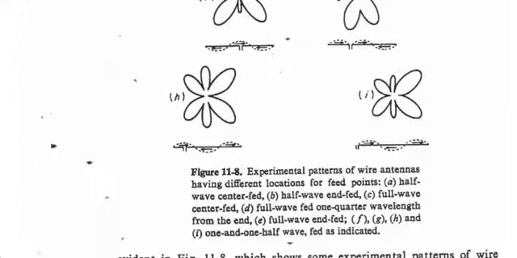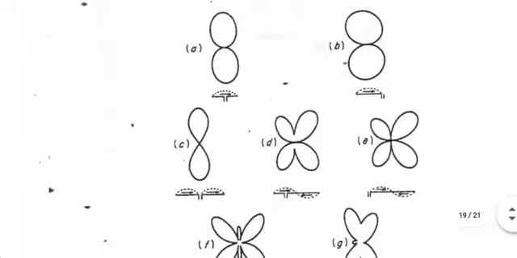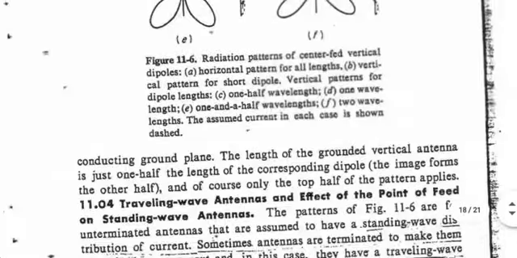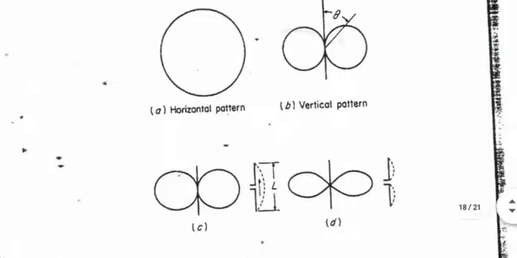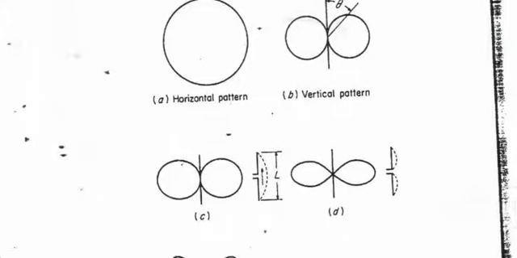B is, in case B, it is still lambda by 2 dipole, but it is being fed not from center, but from the end, which is a case that we have not looked at theoretically, but it is possible to do theory in that case also.